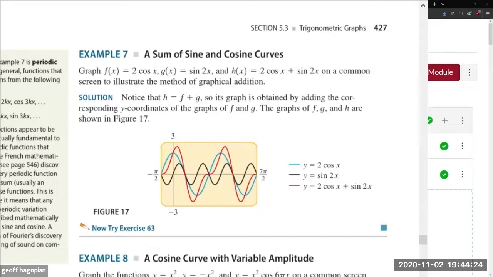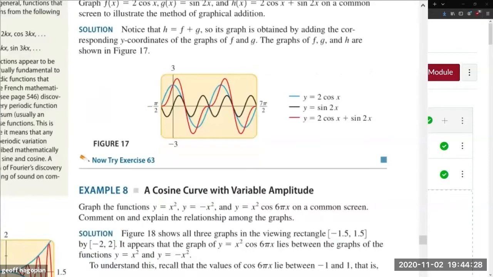And so when you combine those, you see the blue curve and the black curve. The blue curve is the cosine, and it has a wavelength which is twice the wavelength of the black curve, and also the amplitude is twice that of the black curve. And also they're out of phase in the sense that sine starts at equilibrium and cosine starts at maximum displacement, right?